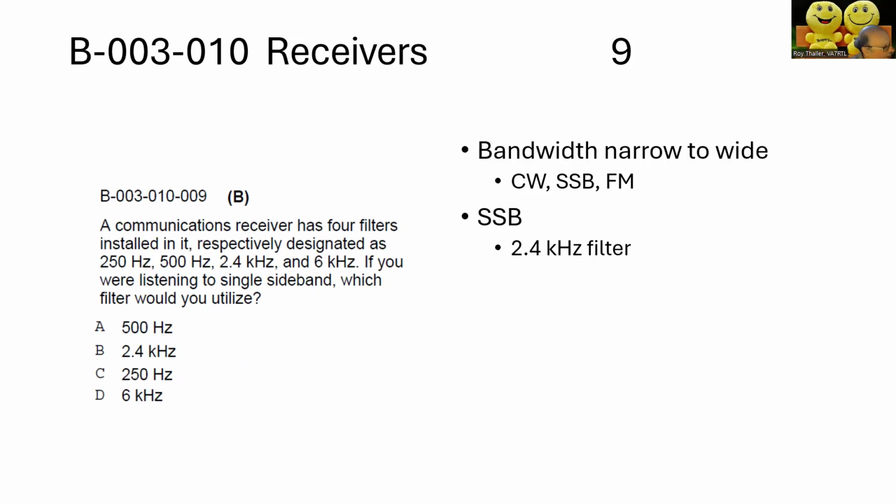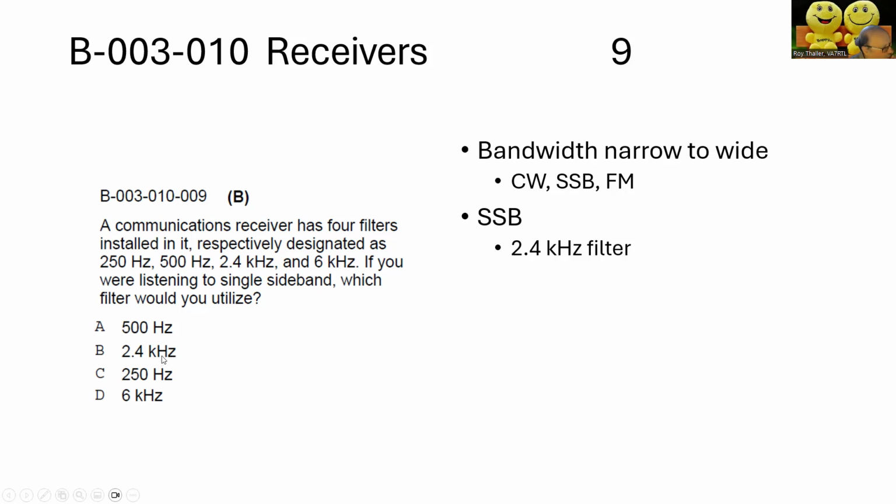Another question here. A communication receiver has 4 filters installed in it, respectively designated as 50 hertz, 500 hertz, 2.4 kilohertz, and 6 kilohertz. If you're listening to single sideband, which filter would you utilize? Typically a single sideband signal will have a bandwidth of 2.4 kilohertz.